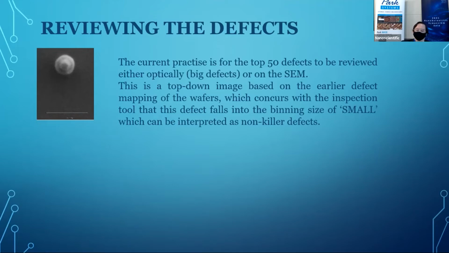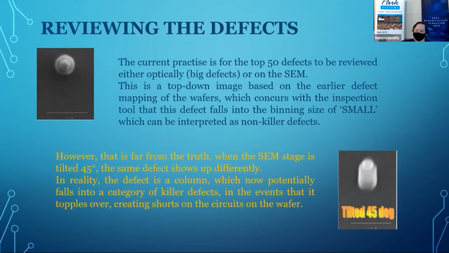However, with the advent of the SEM, we have the ability to tilt the image, meaning that we tilt the whole sample, and then we re-inspect the wafer, and you find that it's actually a column, not a single particle. This being a column means that this has the detriment of being a killer defect down the road, because it can topple over and cause shorting of the surface.